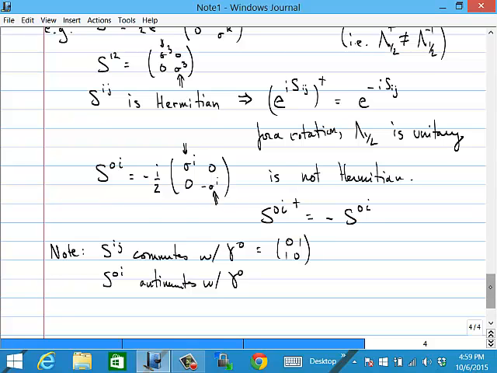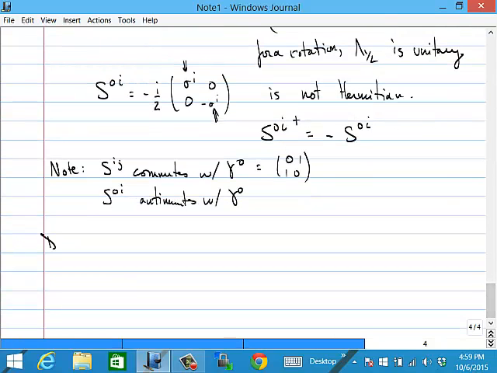Okay. So let's define the following object. If psi is a 4-component spinor, let psi bar be psi dagger times gamma 0. So this is just a definition.